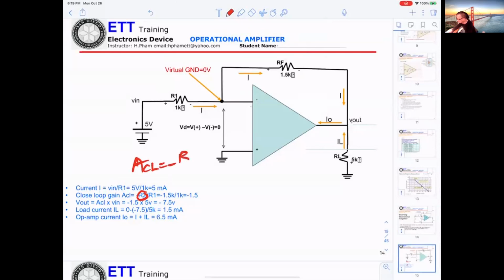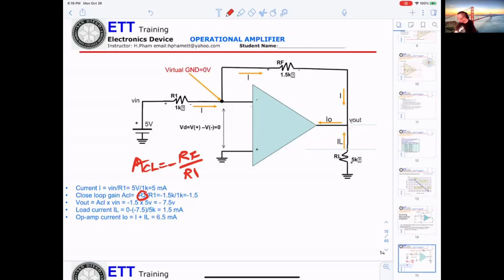For this circuit, you get 1.5K divided by 1K, you get minus 1.5. If you want to calculate the V out, you take the ACL times V in, minus 1.5 times 5 volt. You get minus 7.5 volt.